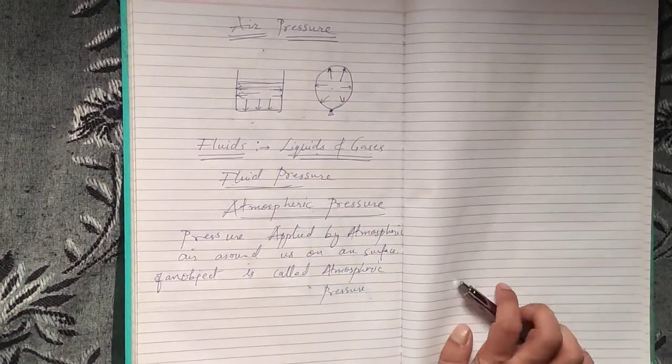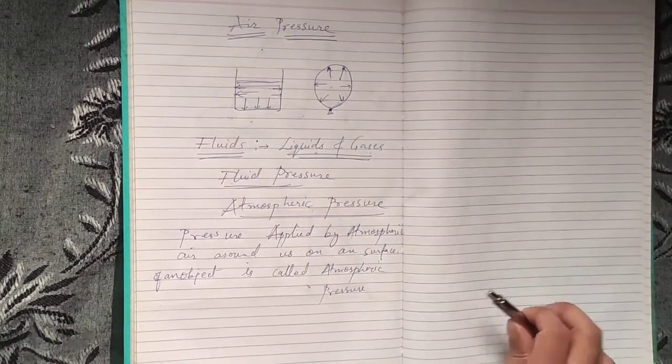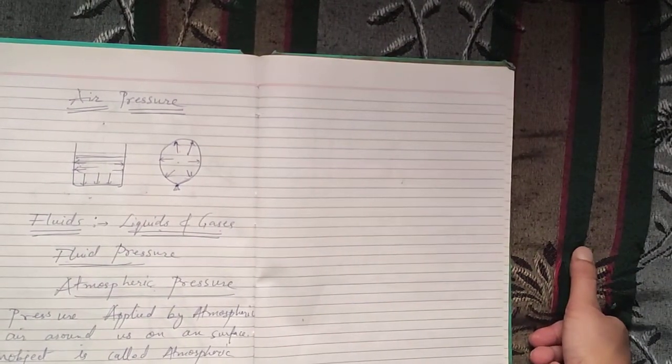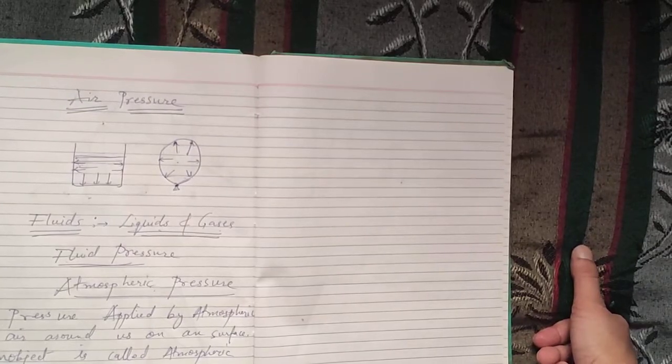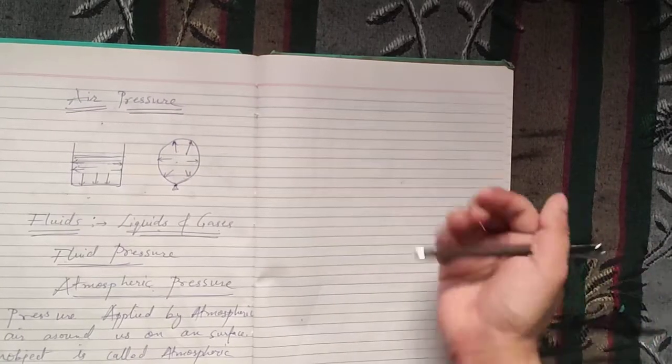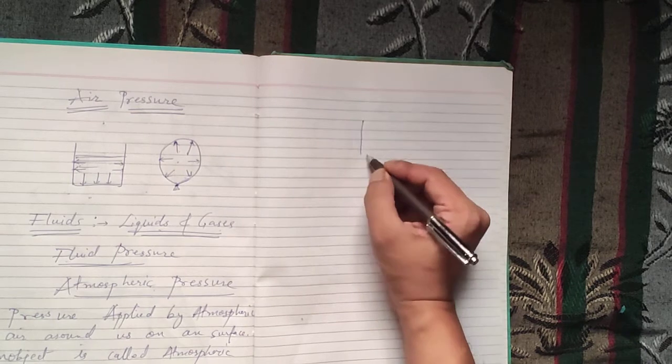So how to experience the pressure? We have done this experiment in 7th standard, if you remember, when we talked about winds, storms and cyclones. There was one activity about a tin box.